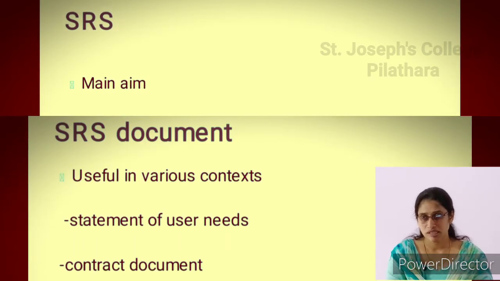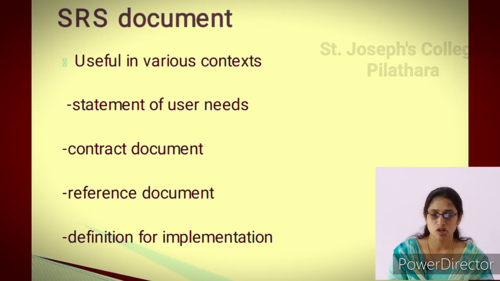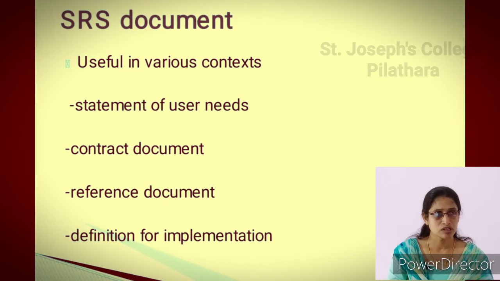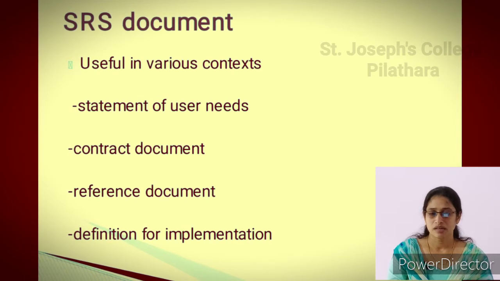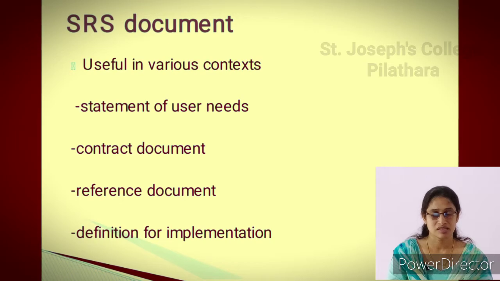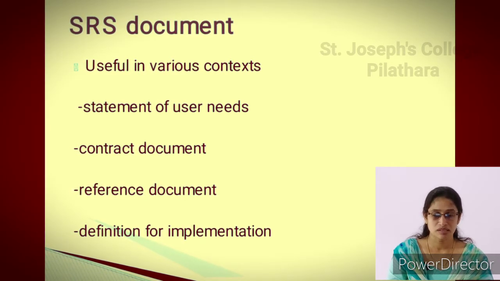The SRS document is a very important document used by various users, and it should be written such that it can be understood and is useful to different users, because users may look for different types of information in the SRS. It serves as a statement of the user's need.